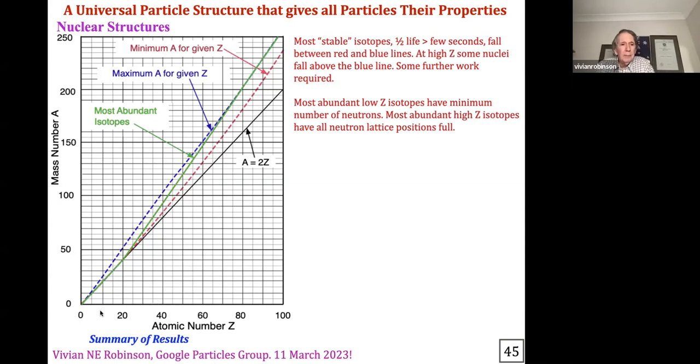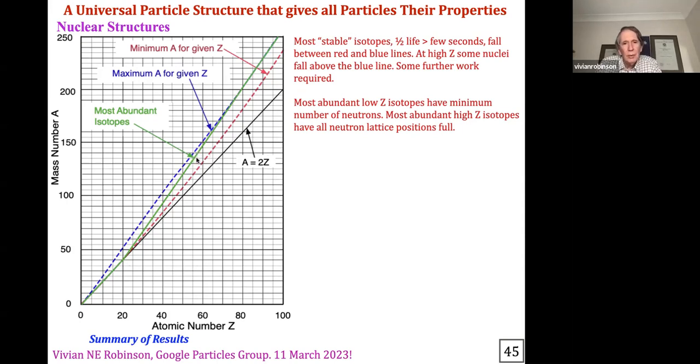The other thing is the most abundant nuclei start out at less than 20 at the minimum A for Z. It reaches a maximum A for Z. It's certainly there by 82. I don't know exactly when it gets there. The most stable isotopes gradually change from one to the other, and when you get to tin it is about 52.